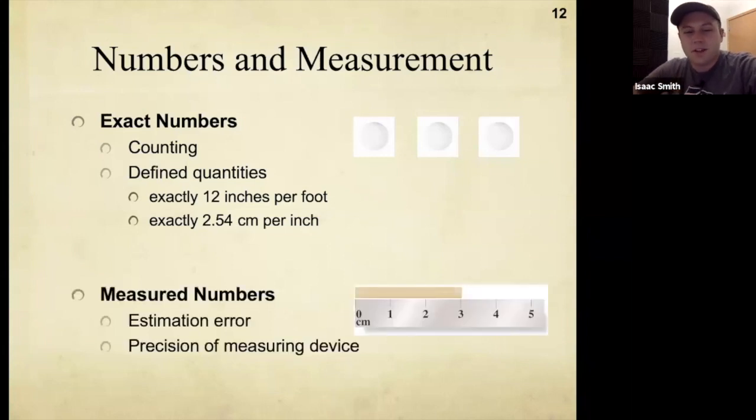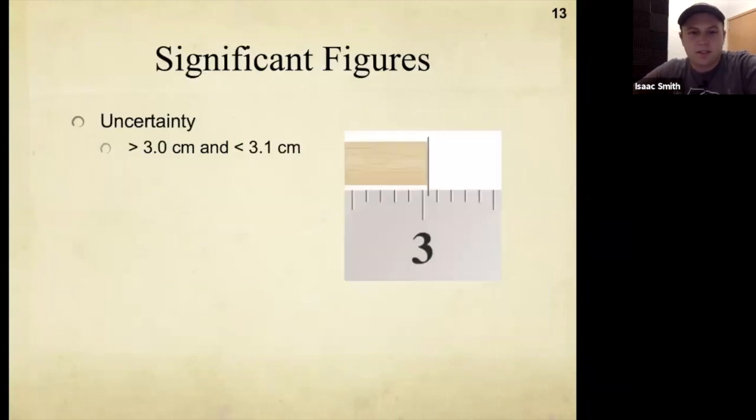When it's measured, then there's some amount of error in that measurement. And it depends on the precision of the measuring device, okay? So if we're looking at the measurement of this piece of wood on the ruler, our uncertainty is that we know it's greater than 3 centimeters, but we also know it's less than 3.1. So the first tick here represents 3.1 centimeters.